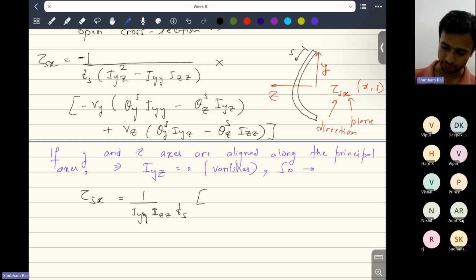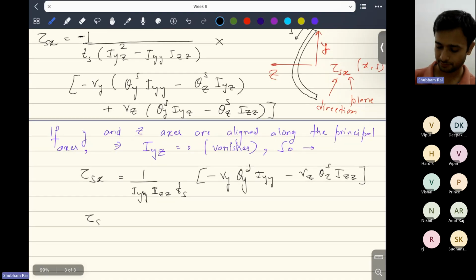So you will only be left with two terms: minus of Qys Iyy and minus of Qzs Izz, multiplied with Vy and Vz. So finally you will get minus of Vy Qys times Iyy minus Vz Qzs and Izz. This will be the formula.